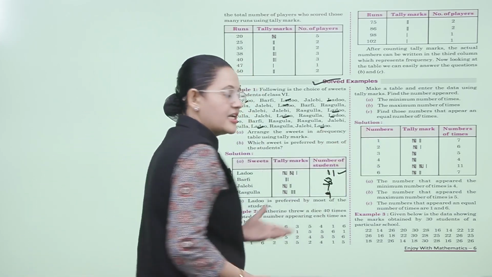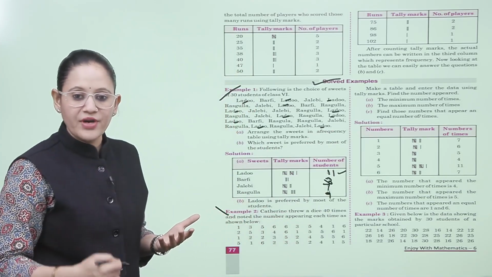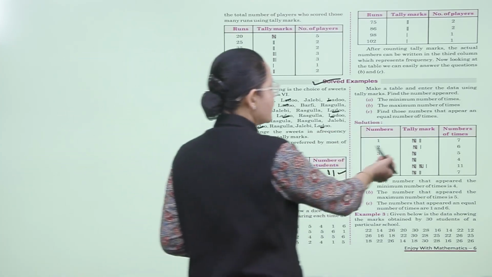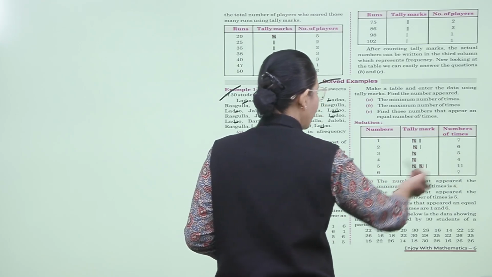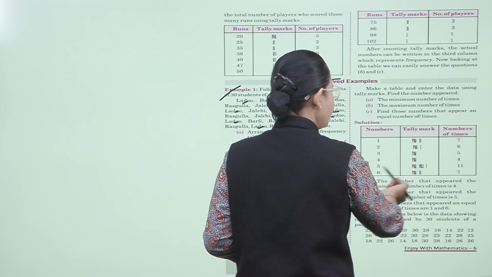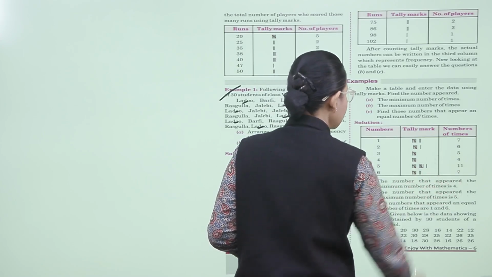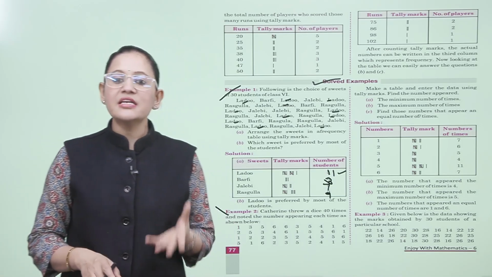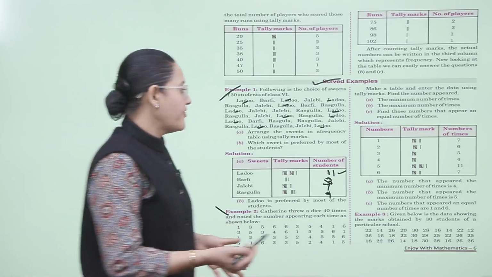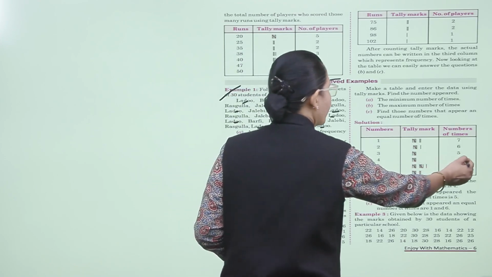The numbers on a dice are 1 to 6. How many times is 1 there? 7 times. 2 is 6 times, 3 is 5 times, 4 is 4 times, 5 is 11 times, and 6 is 7 times. So the number that appears the minimum number of times is 4.